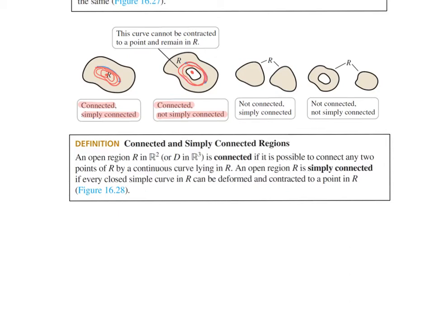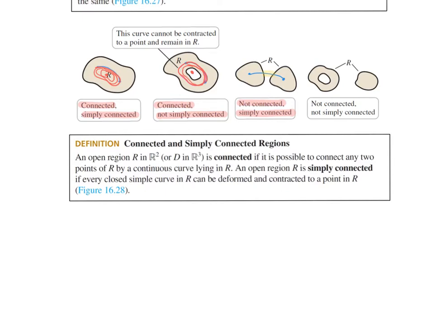This third diagram is not connected, but it is simply connected. The reason it's not connected is because I can pick 2 points in the region, and when I connect these 2 points, the curve that connects them is not in the region. Notice that part of this curve is outside of my region.